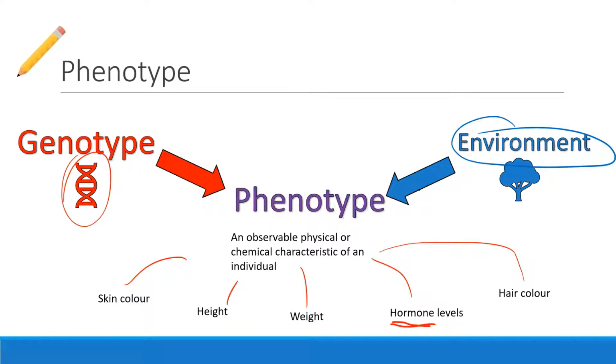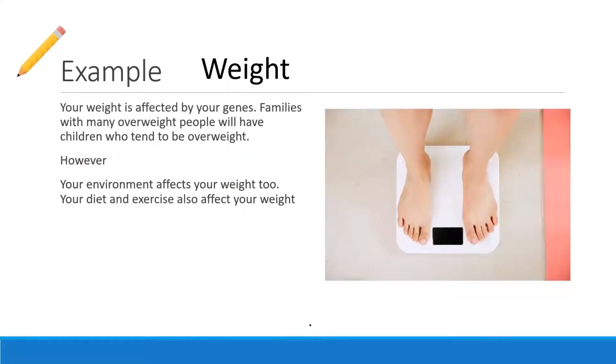But I want to choose one of these. We're going to choose weight. I want to look at weight for a little bit. Your weight is affected by your genes. Families with overweight people will have children who tend to be overweight.